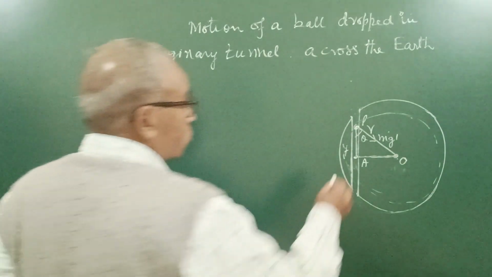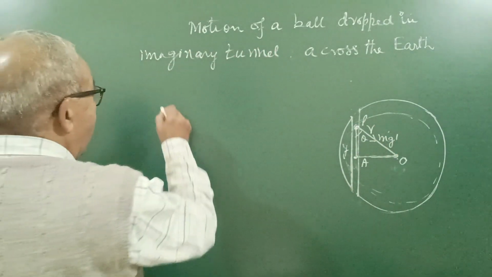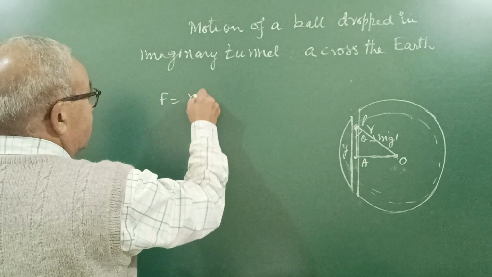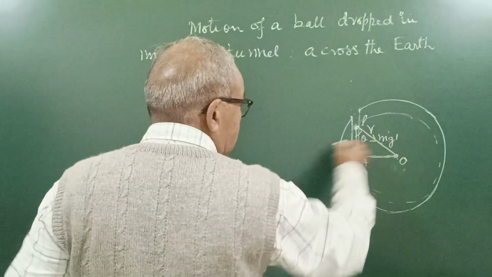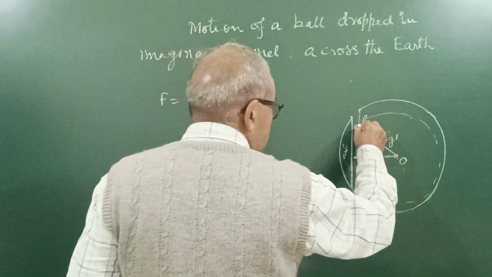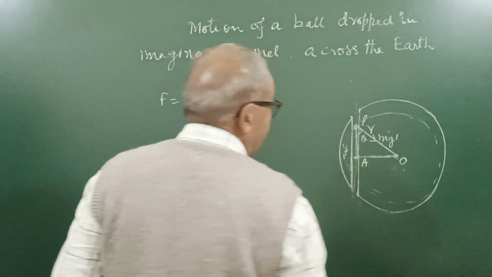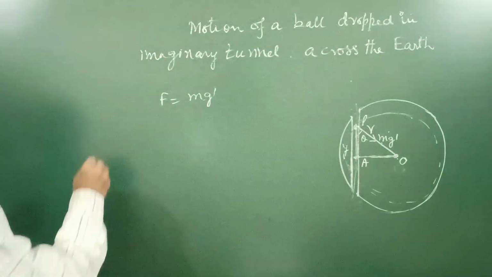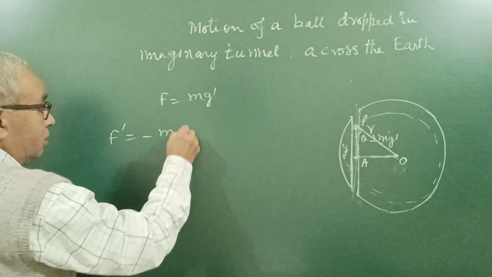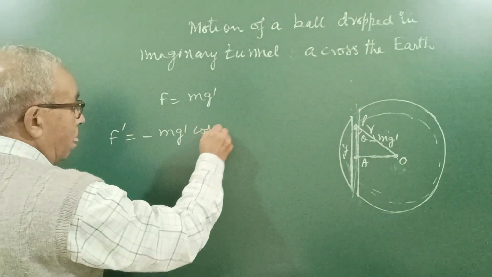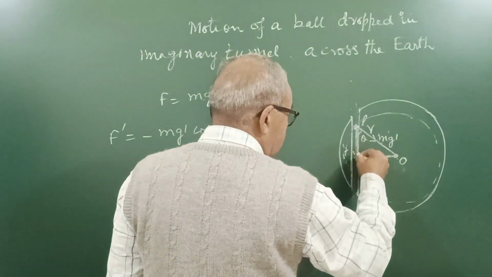So here the restoring force, the force acting, F equals mg dash. The component of this weight towards the equilibrium point, it will oscillate to and fro about point A. So the restoring force will be minus mg dash cos theta. The component of this weight will act in this direction.